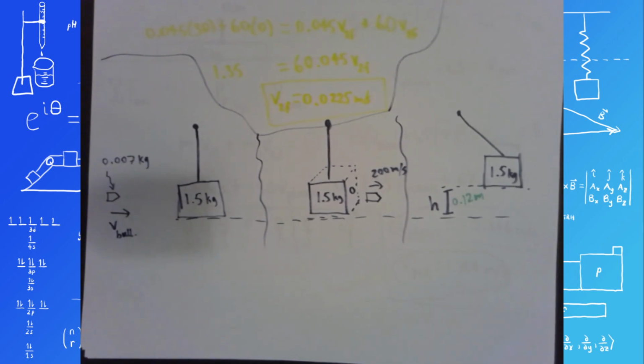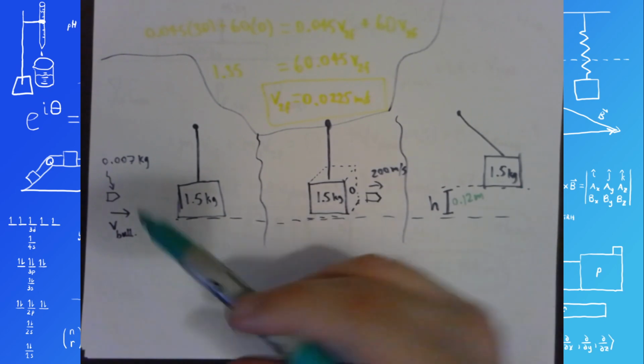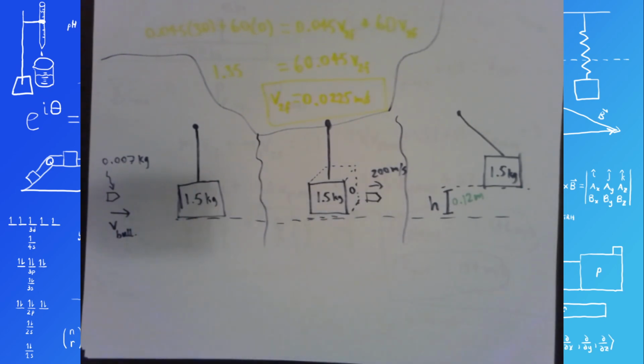So let's go ahead and plug in numbers into our equations. Well, before that, let's justify the use of our equations. So between here and here, can we assume that momentum is conserved?